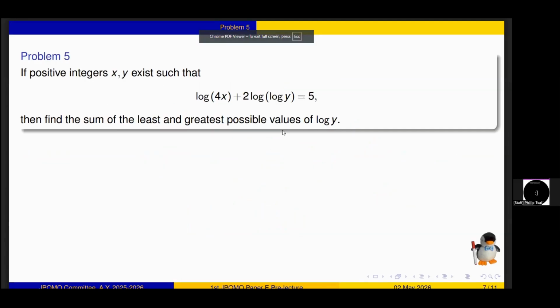If positive integers x, y exist such that log of 4x plus 2 log of y is equal to 5, then find the sum of the least and greatest possible values of log of y.